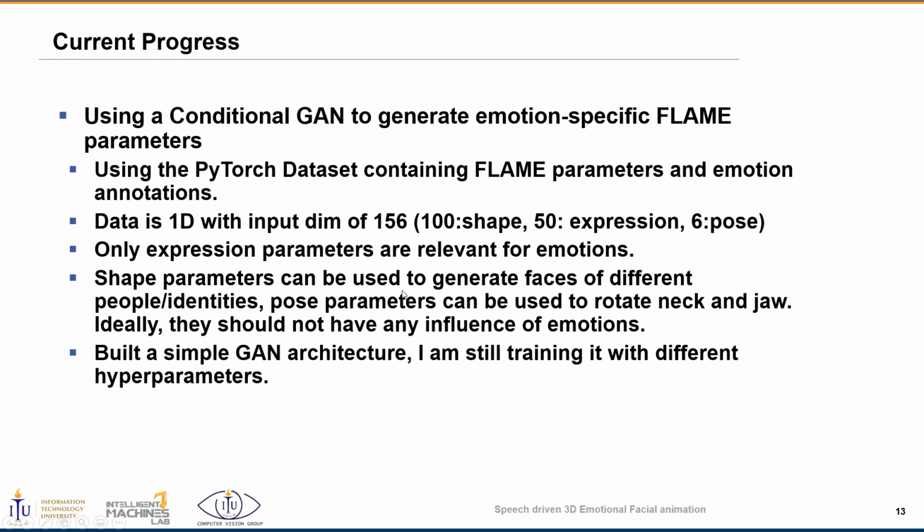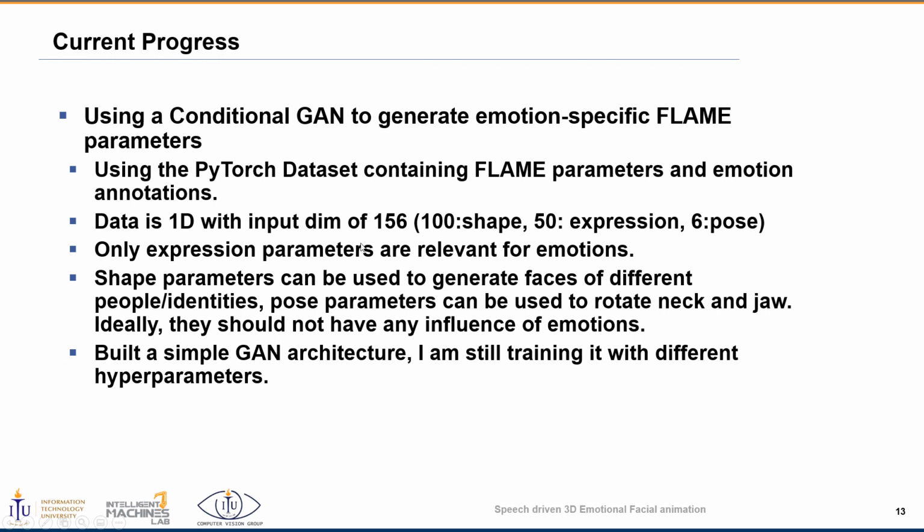So then I designed a conditional GAN to generate emotion-specific FLAME parameters. We pass a one-hot vector of the emotions along with the noise vector to the GAN, and it will generate FLAME parameters corresponding to that emotion, a random happy face or a random sad face, something like that.